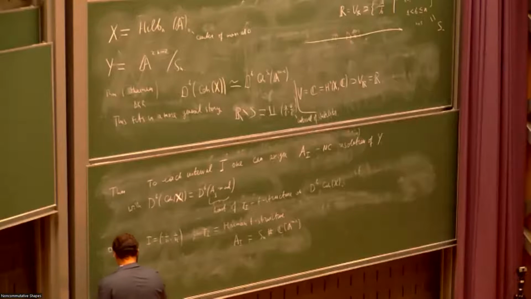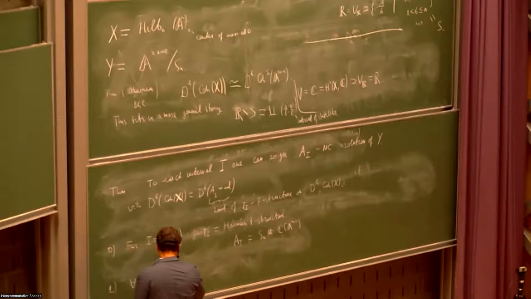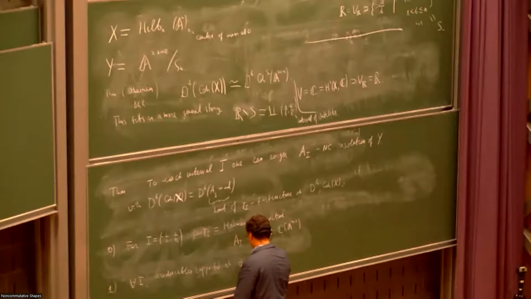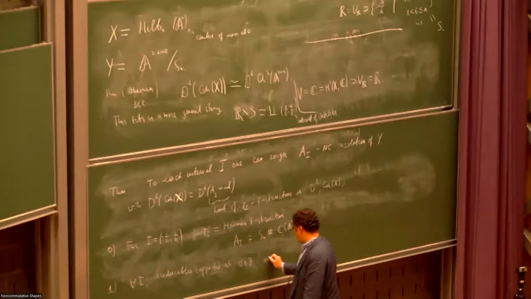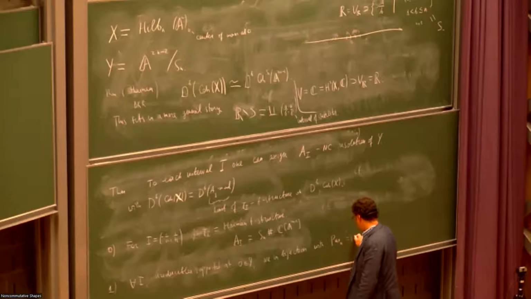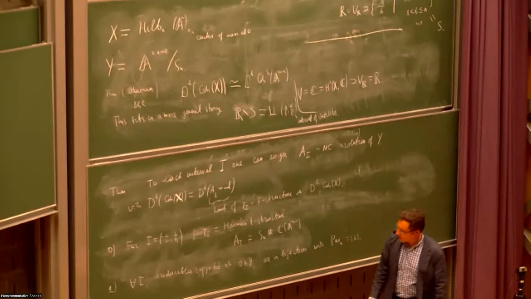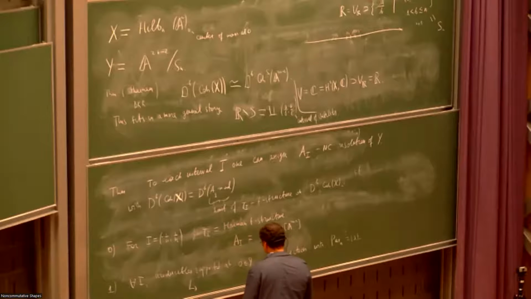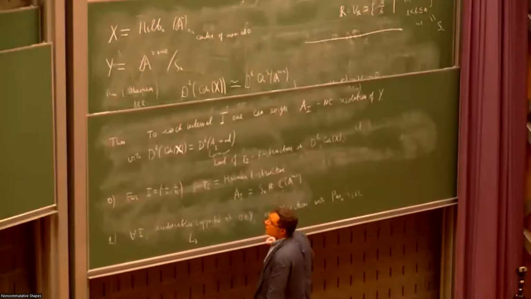So for each I, the irreducible objects, irreducibles supported at the 0 in Y, are in bijection with partitions of n, which I will denote by lambda, and so say L_lambda is irreducible.